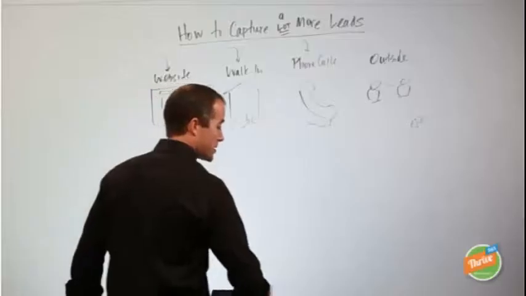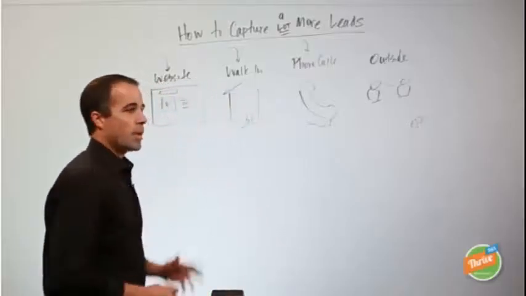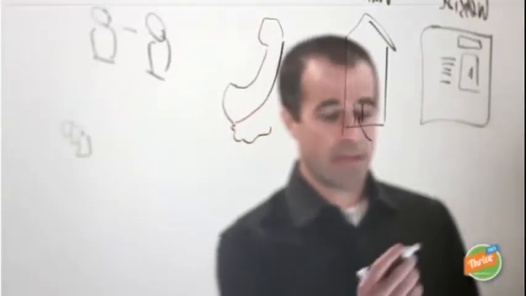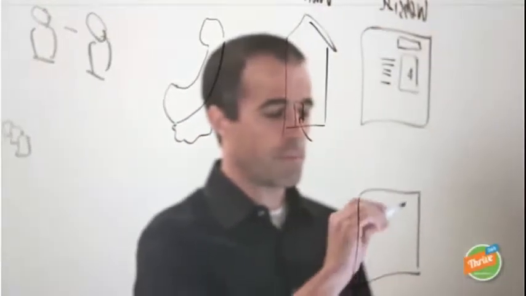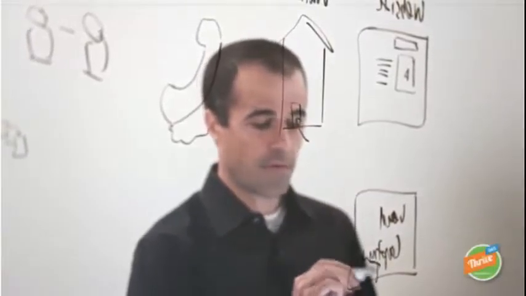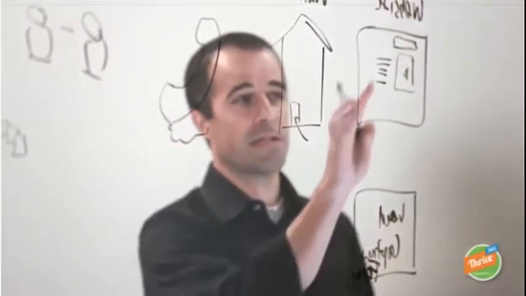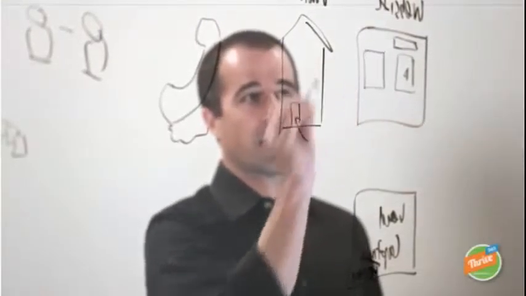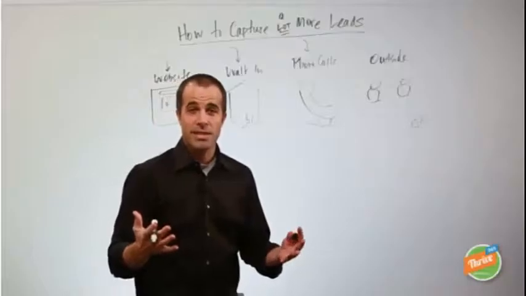So let me talk about 4 ways to do this. On your website, you need to be using lead capture forms religiously, okay? What that looks like is you take a section of your website and you put a form up there that offers something. And remember, we've talked about lead magnets.